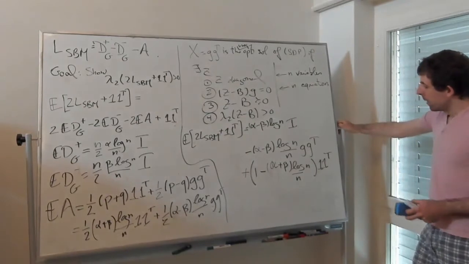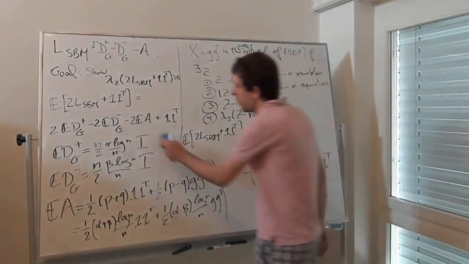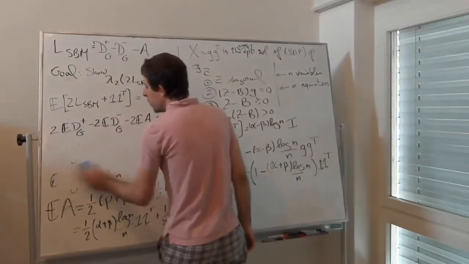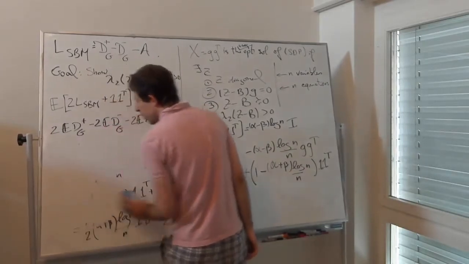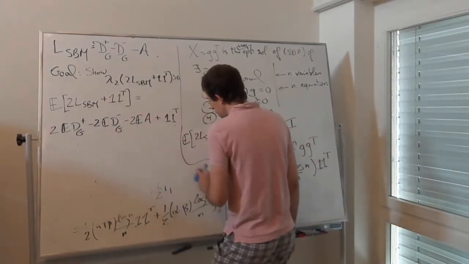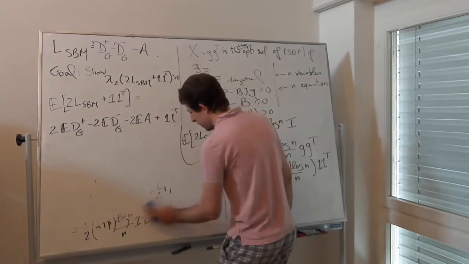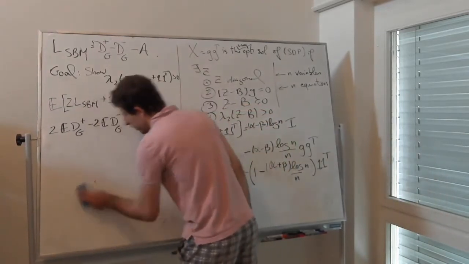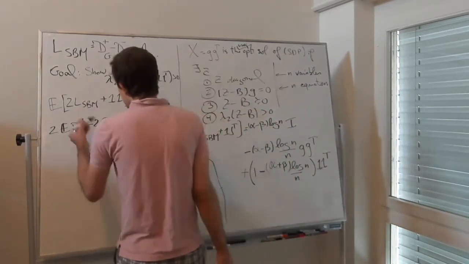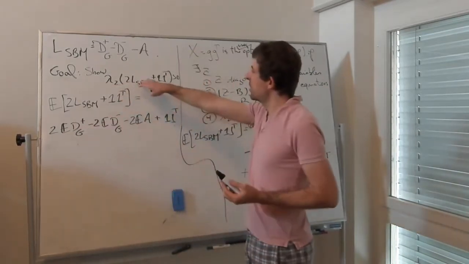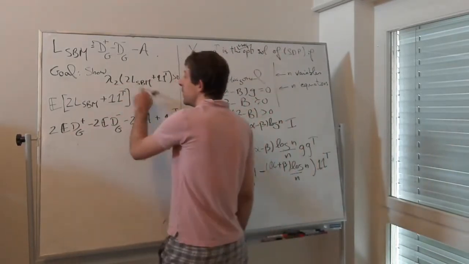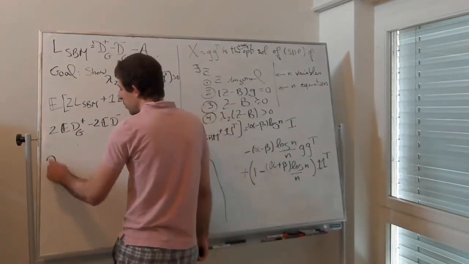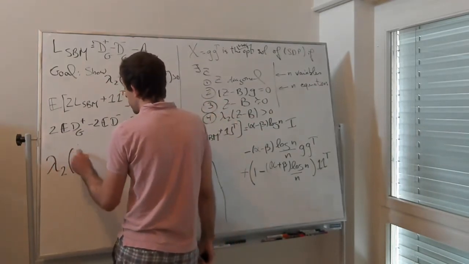Now we just have to look at the second smallest eigenvalue of the expected value of this matrix. Because at least we can try to understand what happens in expectation. Not in terms of the expectation of the second eigenvalue, but in terms of the second eigenvalue of the expectation.